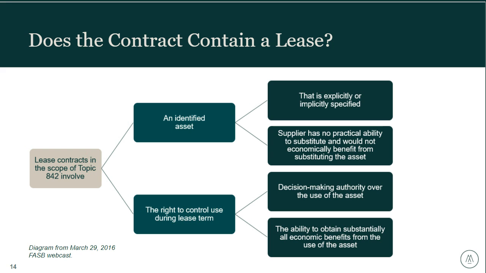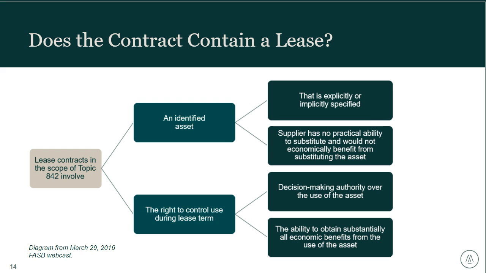The two pieces are, one, whether it has an identified asset, and two, whether it has the right to control the use of it during the lease term. This is a little bit different on the right to control, because there used to be an element of physical control, and that has been taken aside. So it's really, can you control the output of the lease?